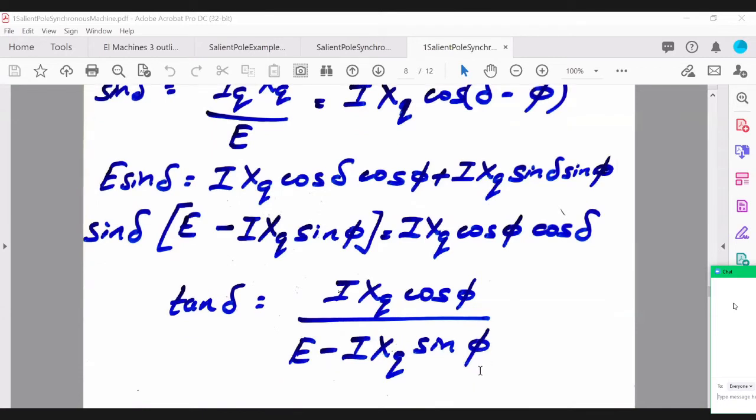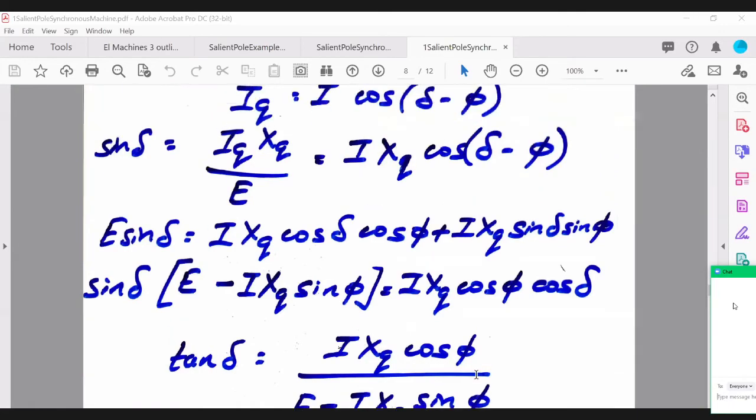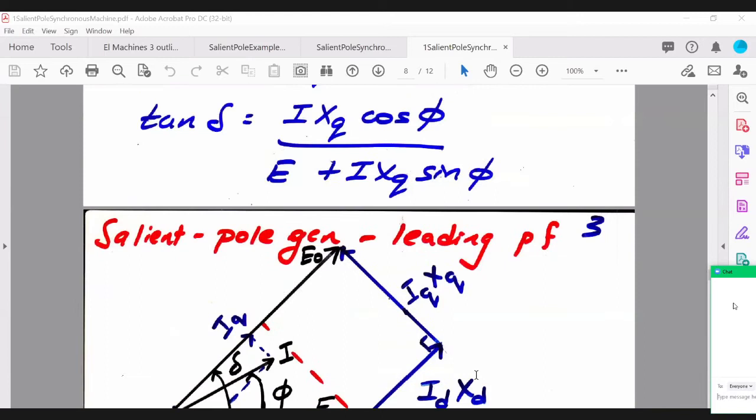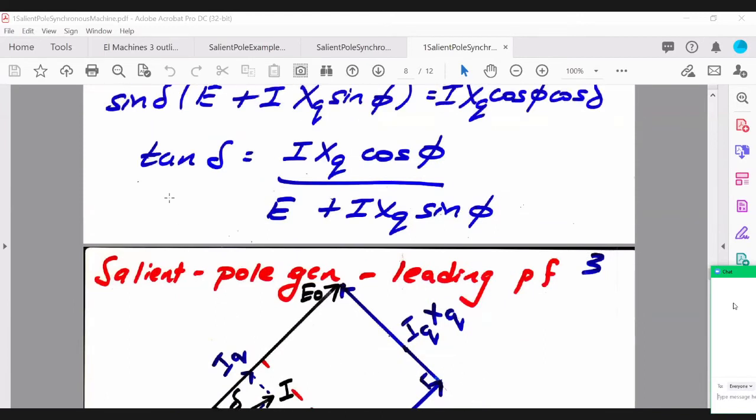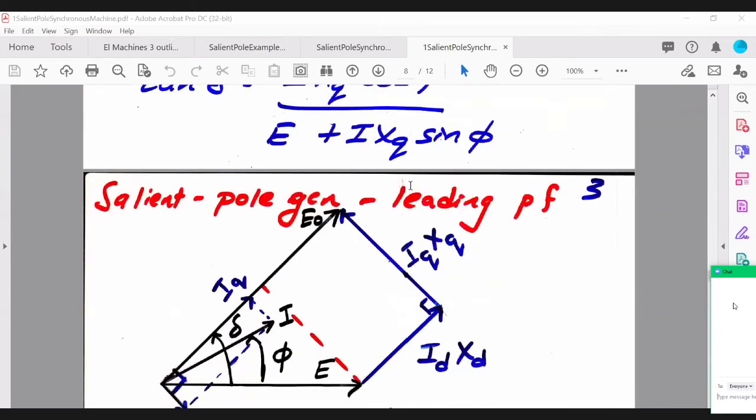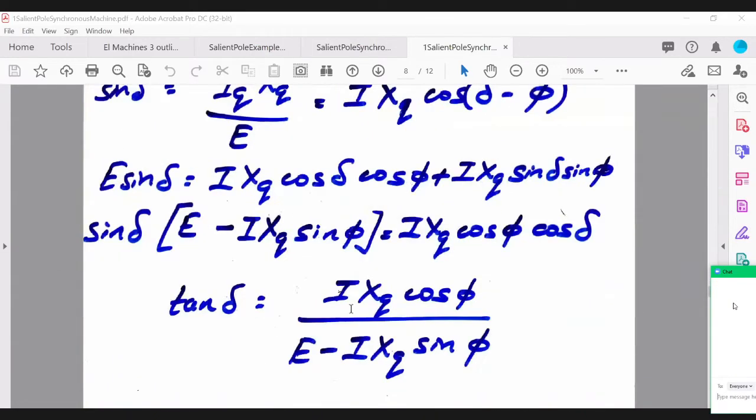Okay, so as you can see, in the lagging power factor mode, this component is I times xq cos phi, which is the same here, right?